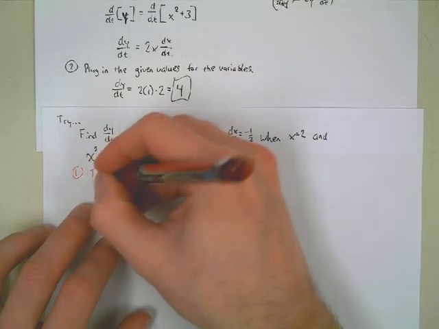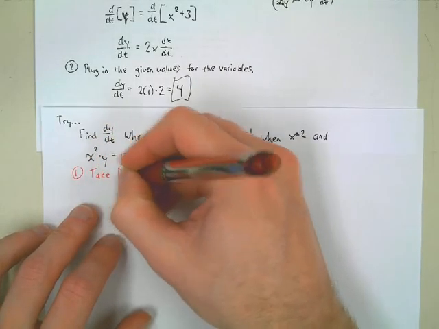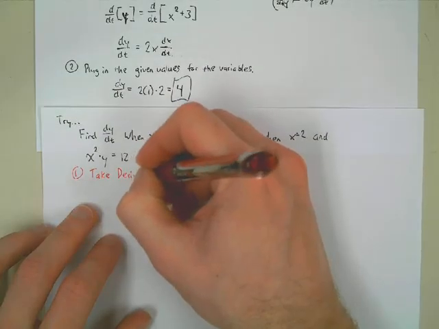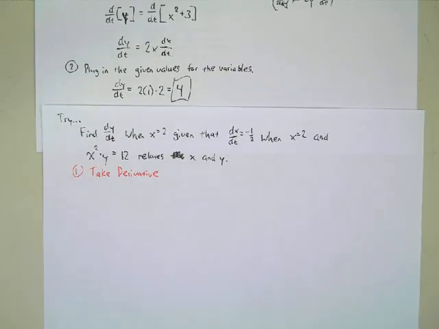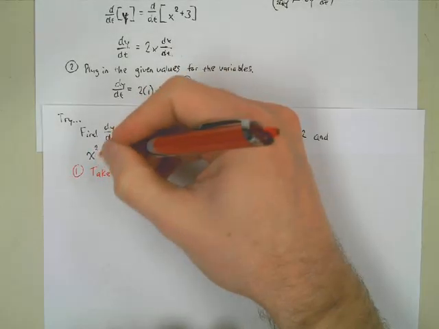So our first step should be to take the derivative. I know you guys aren't quite done yet, but when we go to take the derivative here, what do we have to use? Product rule. Yeah, we got to watch that product rule. It's x squared times y. So when we take the derivative of x squared times y, it's product.